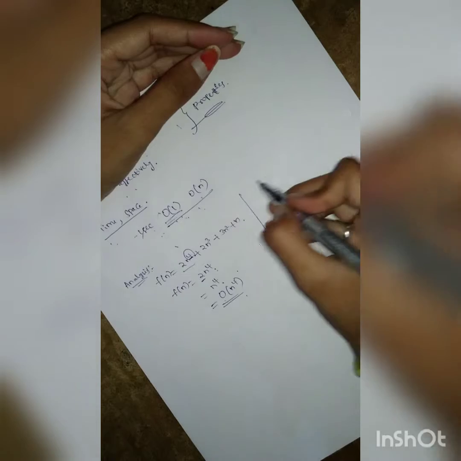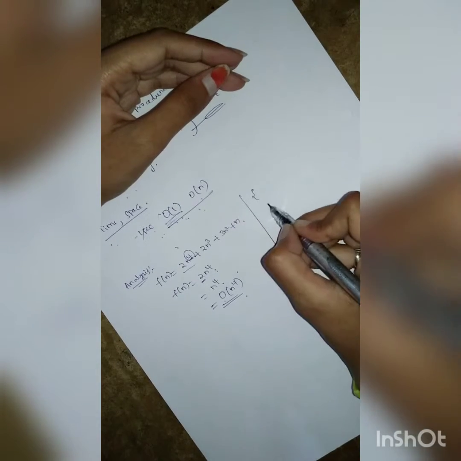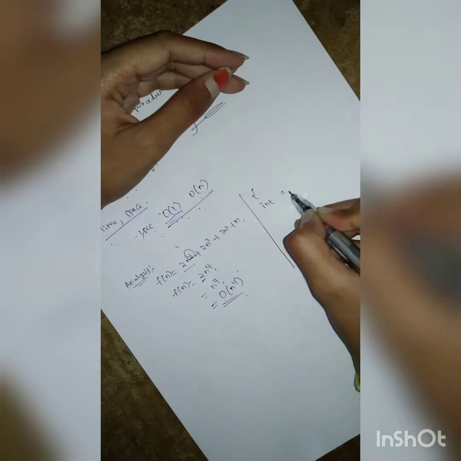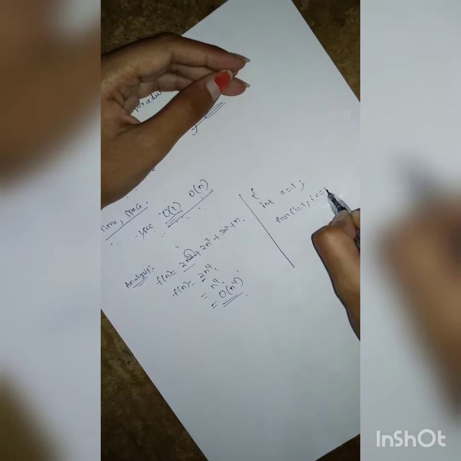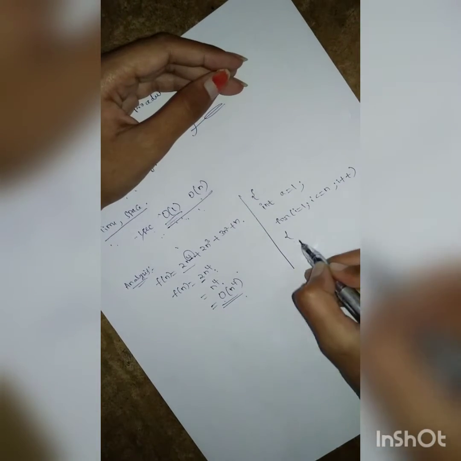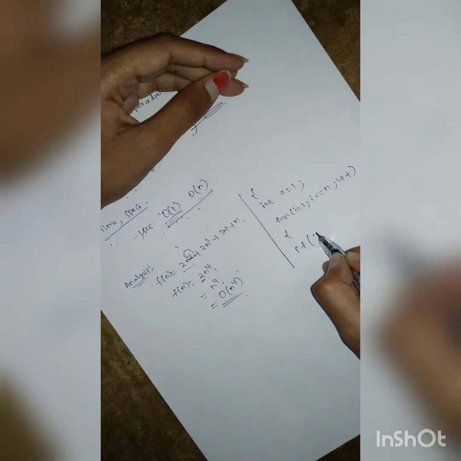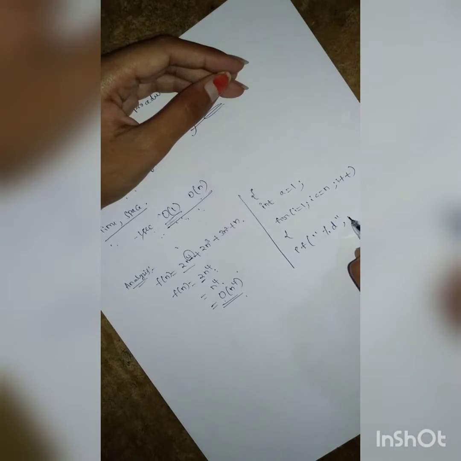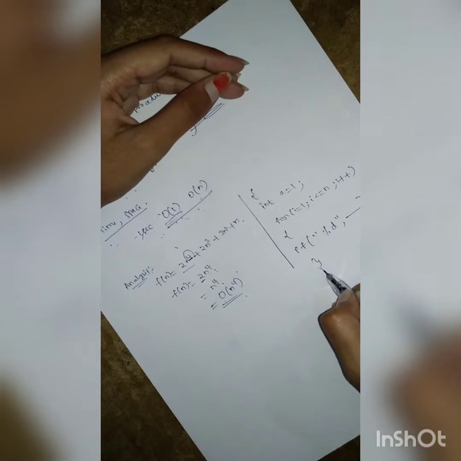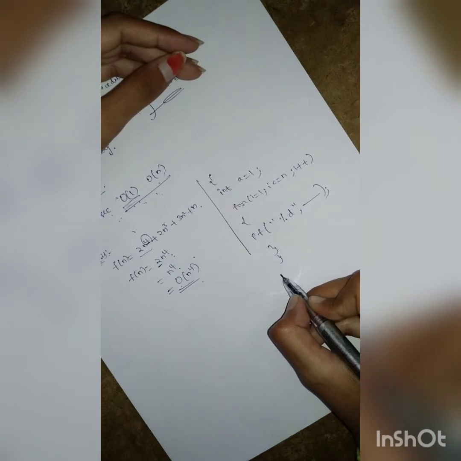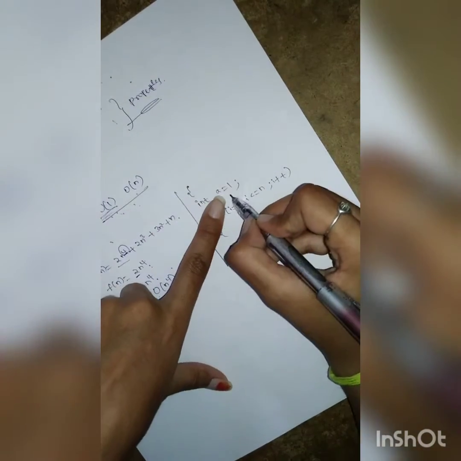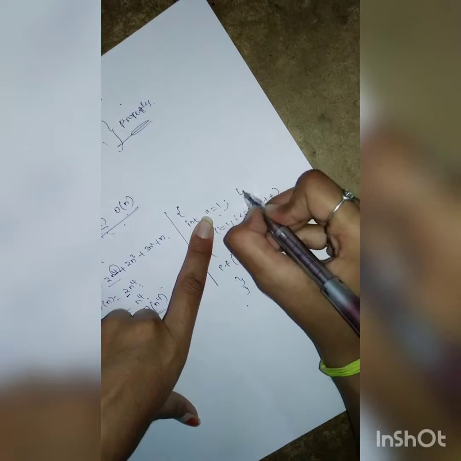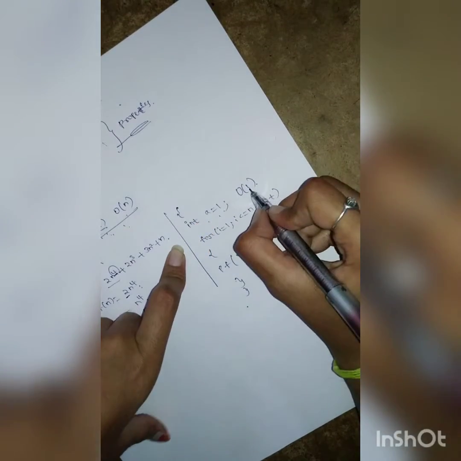Now if we have programming code, let's take an example: int a equal to 1, for i equal to 1, i less than or equal to n, i plus plus, printf %d. How do we do this? For int a equal to 1, one integer variable will take big O of 1 time to execute this one line.